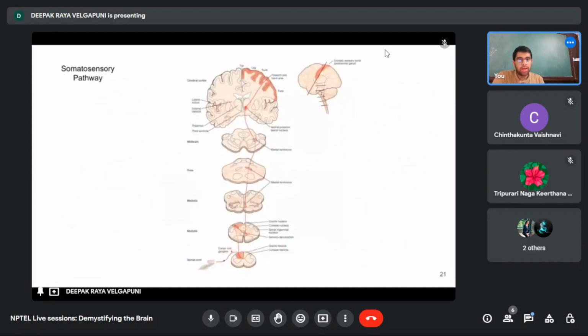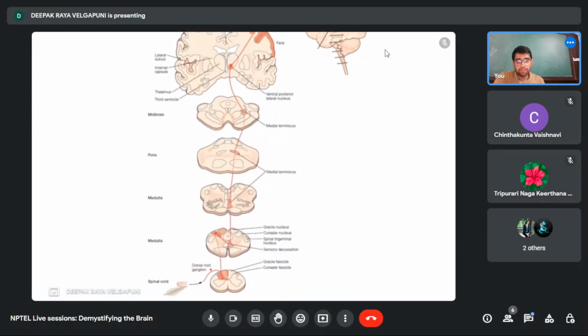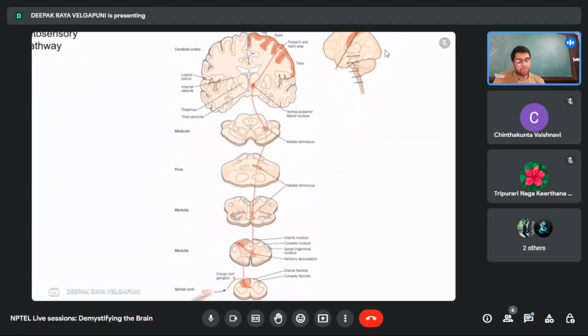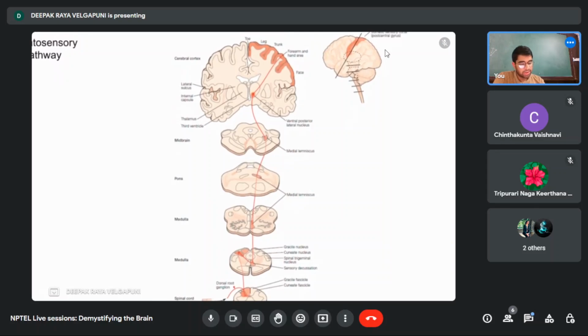And you have different pathways, which I think are covered in the lectures. These are a little complex, but fine. So this is the somatosensory pathway. You have somatosensory cortex here, and different segments of the small brain here, medulla and all.